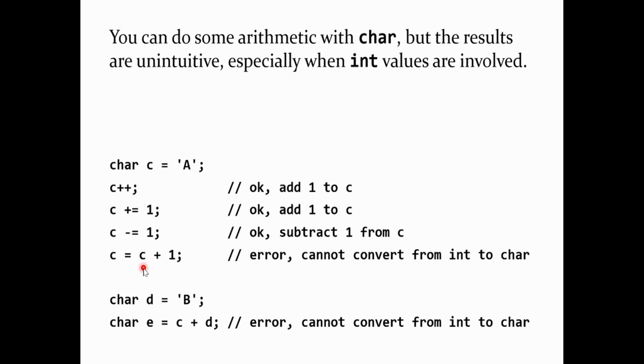So C, its type is char. 1, its type is int. So the rules of Java arithmetic say int is wider than char. So an int takes up more room in memory, I guess is the easiest way to put this. An int takes up more room in memory than a char.